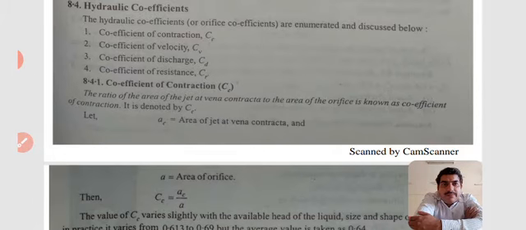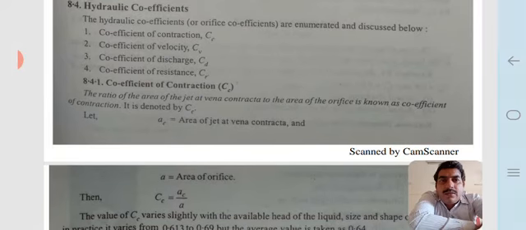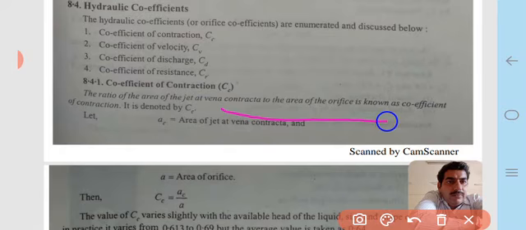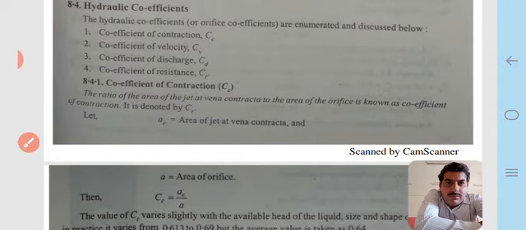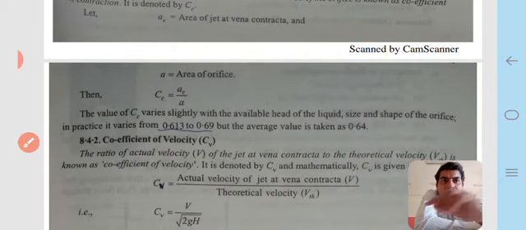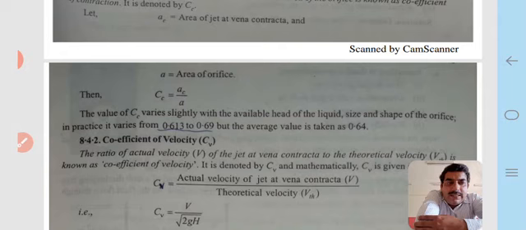Now, the coefficient of contraction, Cc. What is the coefficient of contraction? The ratio of the area of the jet at the vena contracta to the area of the orifice is known as the coefficient of contraction. It is denoted by Cc. Let the area of the jet at the vena contracta be ac and the area of the orifice be a.